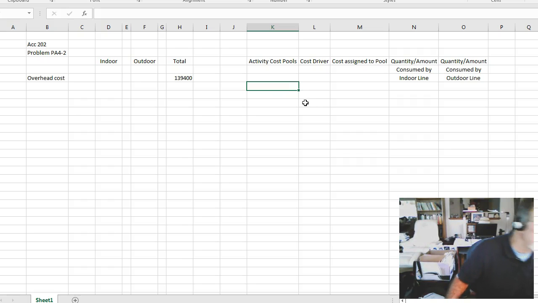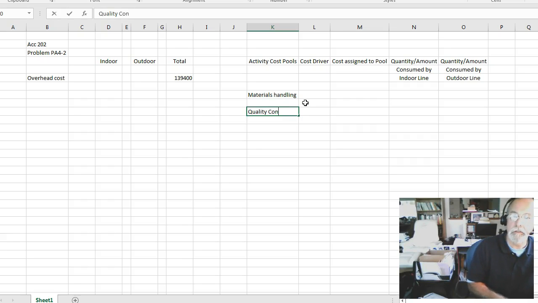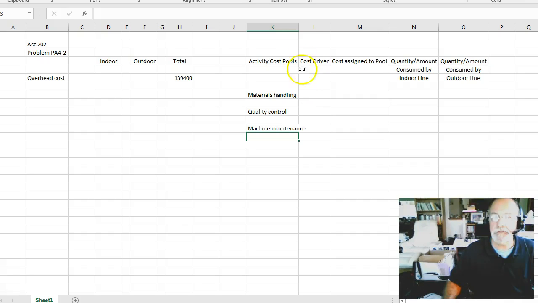Okay, then we have the various activity cost pools, the types of activities involved in making these products: materials handling, quality control, and machine maintenance.